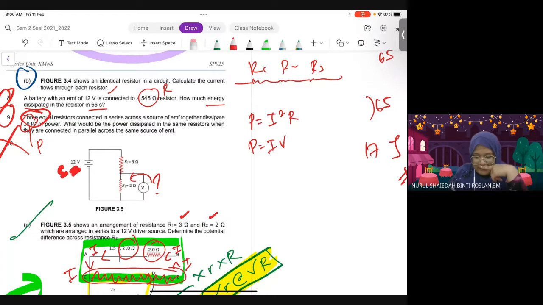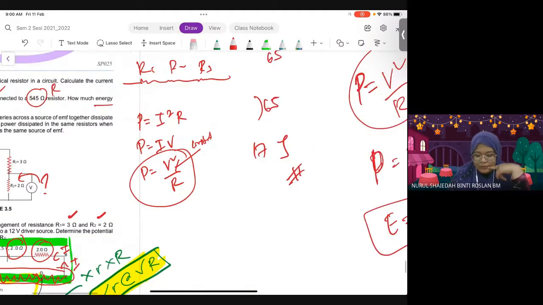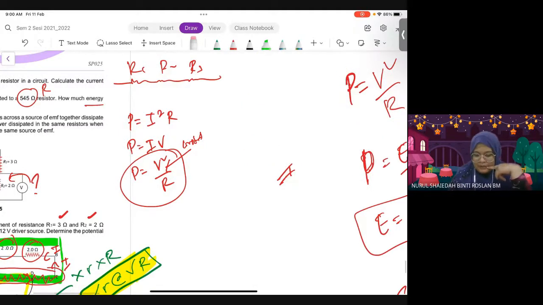IV. Lagi apa? V squared over R. Okay. Saya guna ni sebab apa? V akan constant. Sebab V ni adalah V yang sama dia pakai. So dia tiba macam pening sikit.